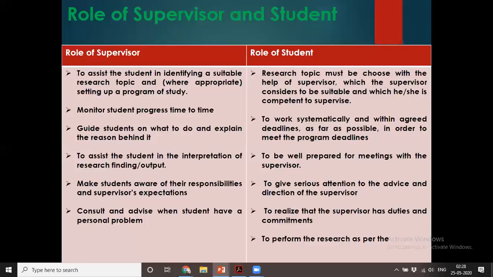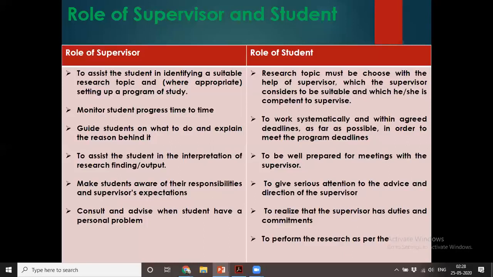In any premier institute, the supervisor meets his research scholar twice, thrice or once a week.